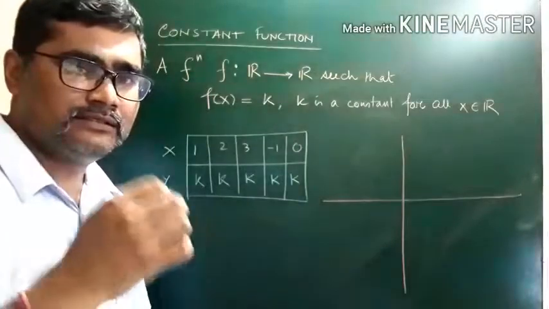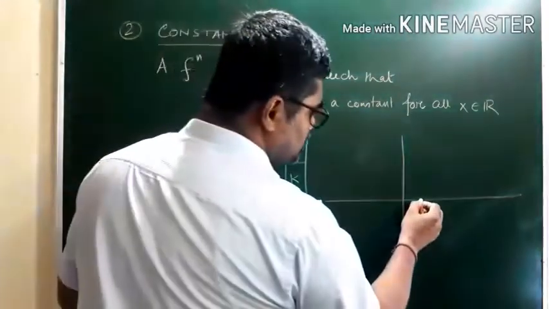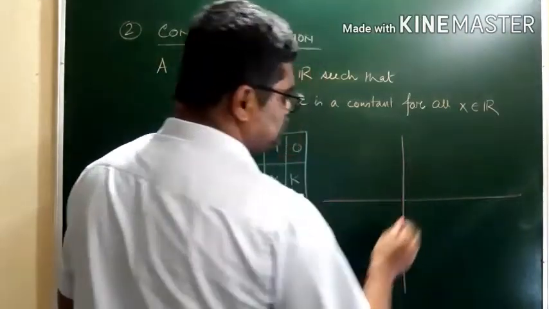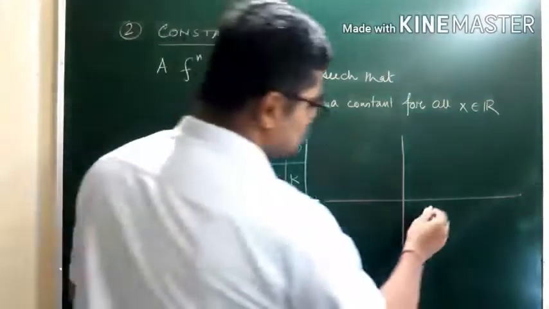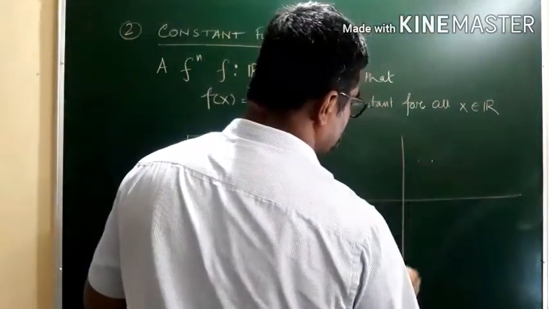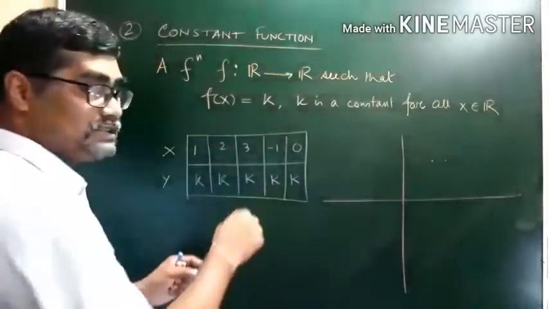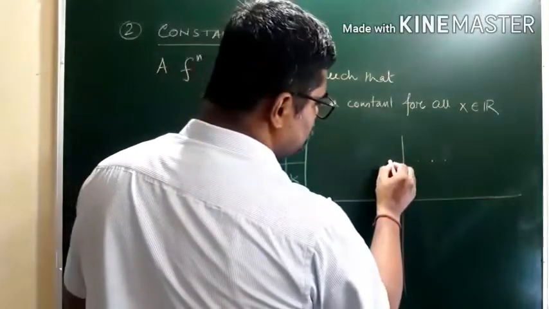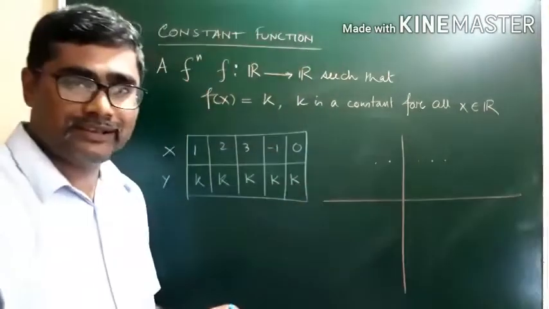Suppose k is 4. In that case, the first point will be 1, 4. Say 1 is here, 4 will be here. Okay. 2, 4. 2 will be here, 4 will be here. Then 3, 4. Then minus 1, 4. This side also, if you come, your height remains same, right? What does that mean?